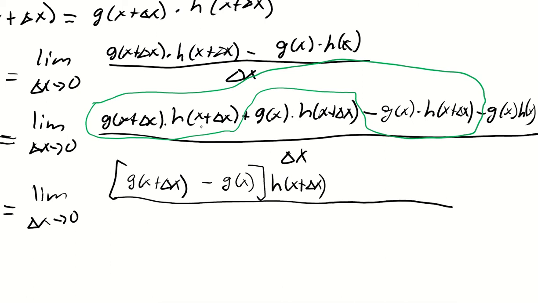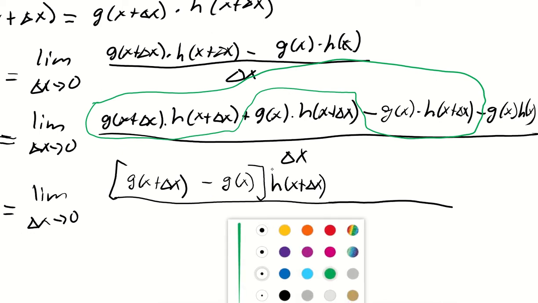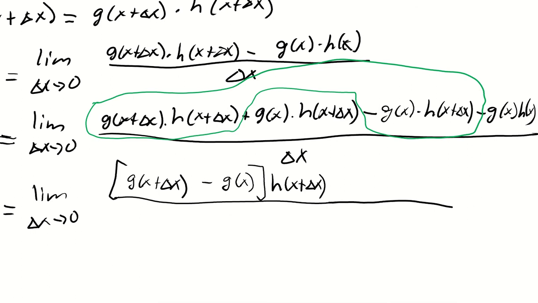Then for the other two terms, we can also factor out the common term, the remaining two, this one and this one. The common factor is g of x, so we can factor out g of x from that.